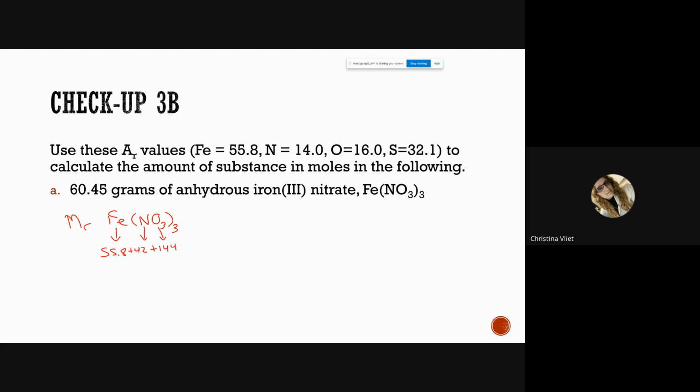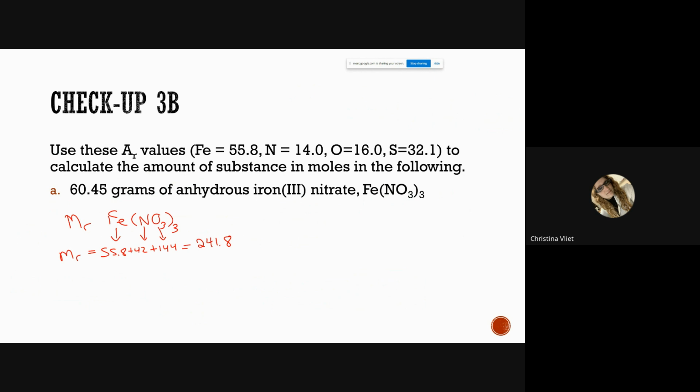And then add those together. Molar mass for FeNO3 is? I get 241.8. Is that what you get? You just gotta make sure when you plug your numbers in the calculator, you don't mess up. That's where it can go wrong. All right, step 1.